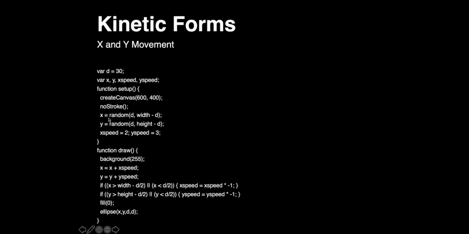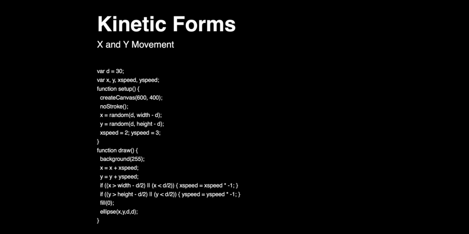Also in here, we are going to define a random location for x and y from the start. And then we're also going to define x speed to be equal to, in this case, 2, and y speed 3 within our setup.